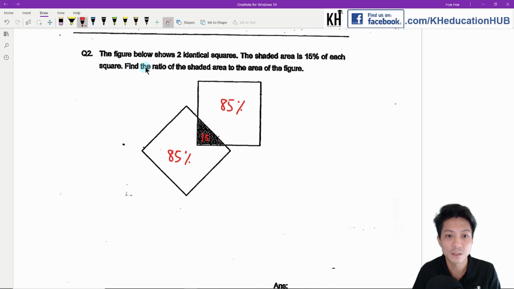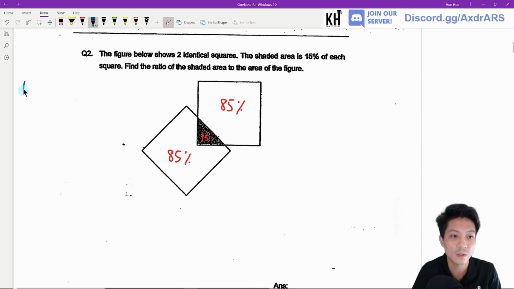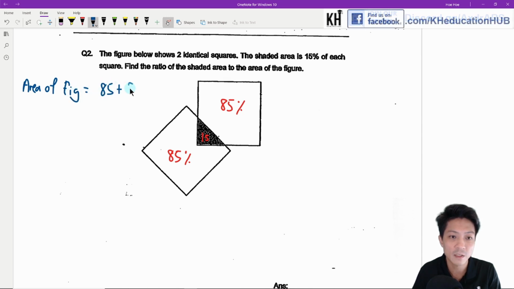They want us to find the ratio of the shaded area to the area of the figure. So the area of the figure is 85 plus 85 plus 15, which is 185.